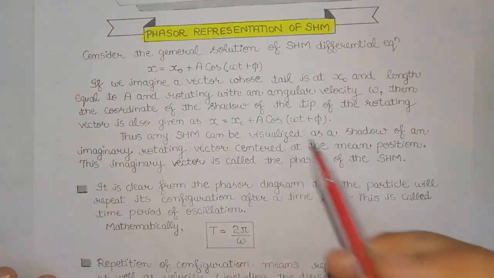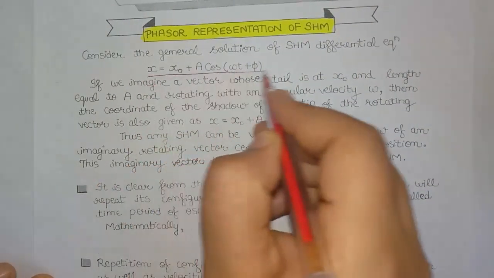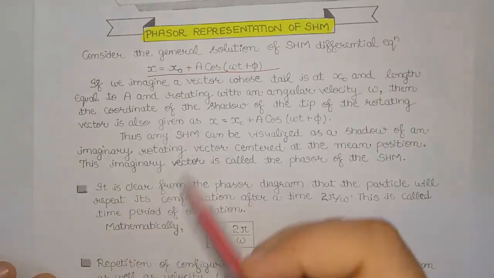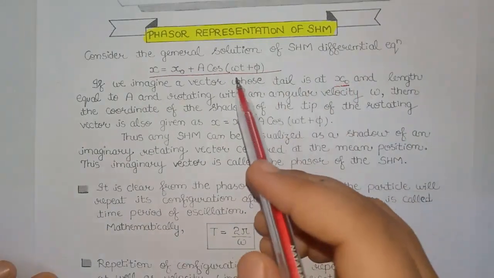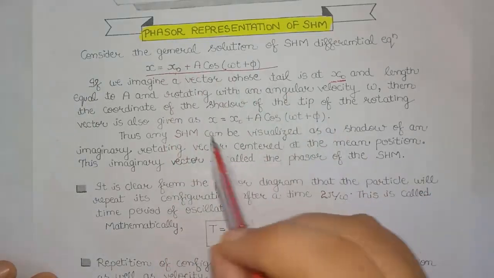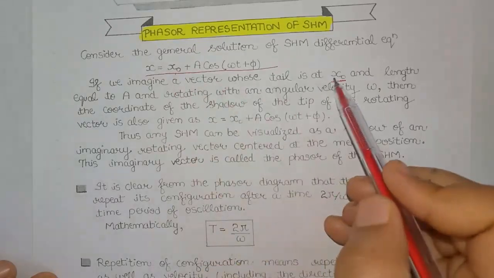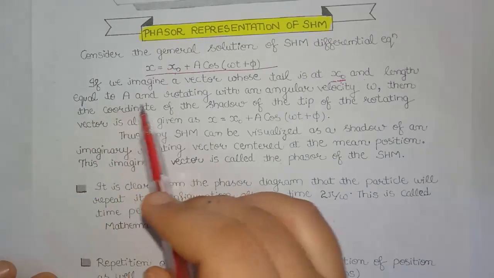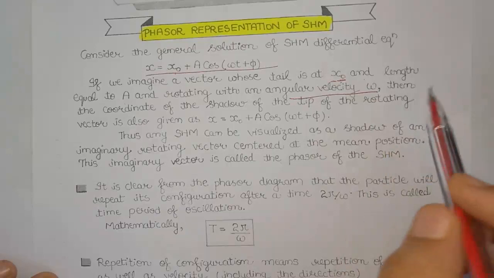Consider the general solution of SHM, that is x equals x naught plus A cos omega t plus phi. If we imagine a vector whose tail is at x naught, if we have considered initial position to be 0, then this x naught will be 0. But if it is not 0, then the vector will start at point x naught and its length should be equal to A. It is rotating with an angular velocity omega.